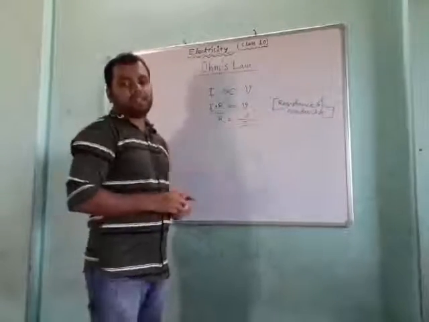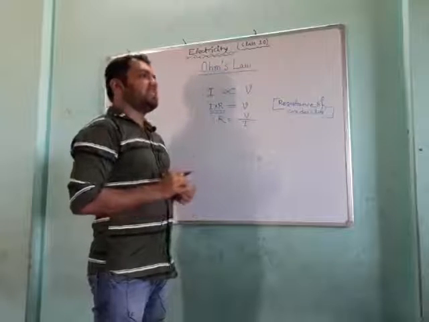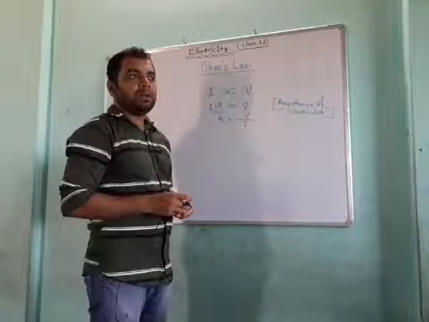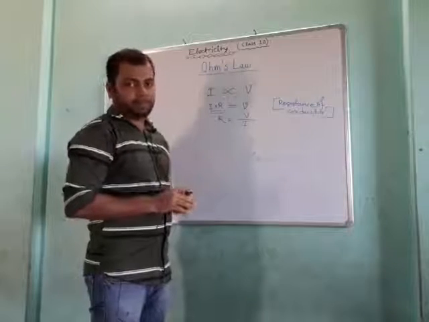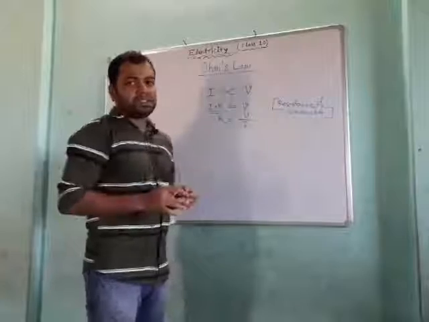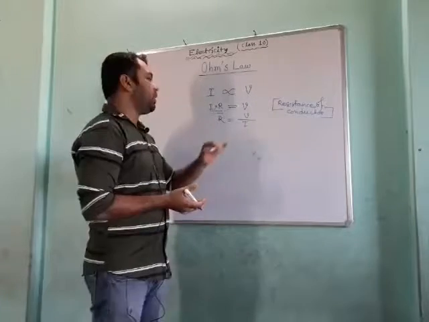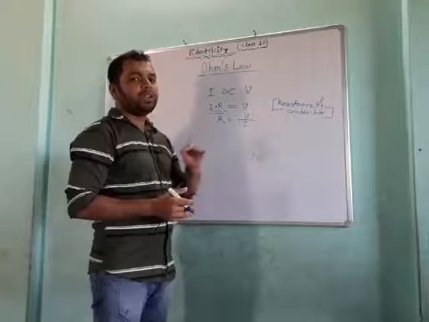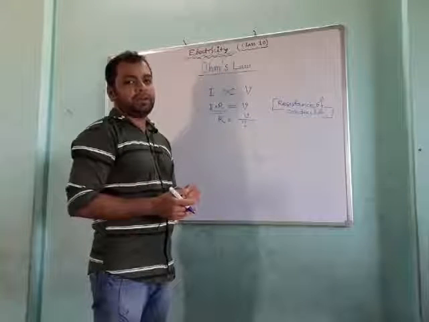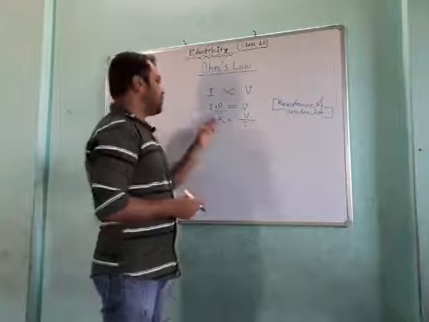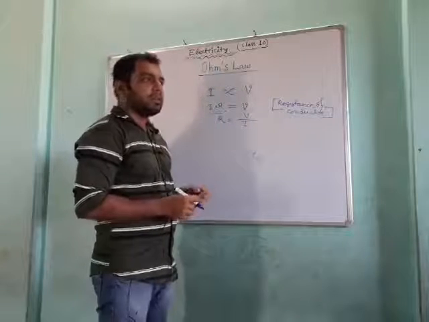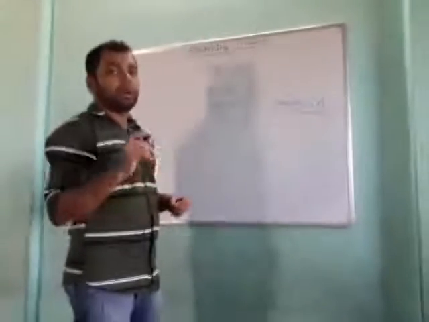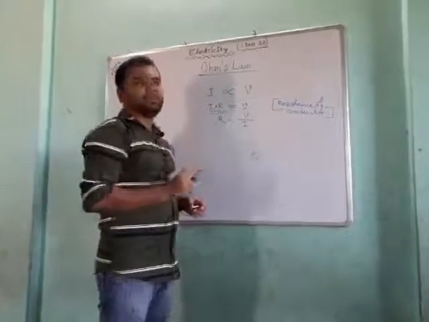What is this resistance? This resistance is actually the burden. This resistance is trying to reduce the value of current. It always tries to reduce the value of current. This resistance depends on the quality of the conductor which we are using.